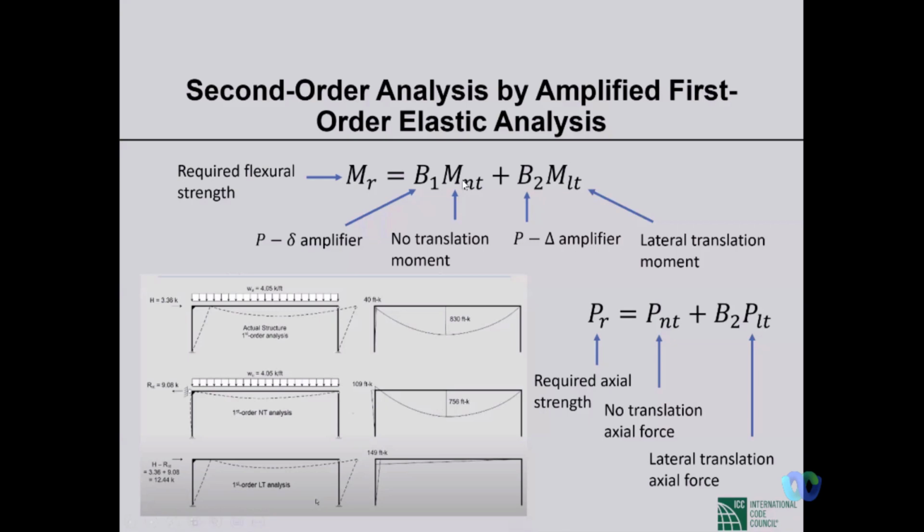To calculate the moments of the members, we multiply the no translation moments MNT by one amplifier, B1, which is related to the P small delta effect, and we amplify the lateral translation moments with another amplifier, the P large delta amplifier B2. In the case of axial force, there is only the effect of the P large delta amplifier B2, not the P small delta amplifier B1.